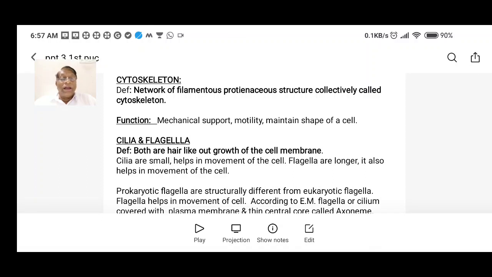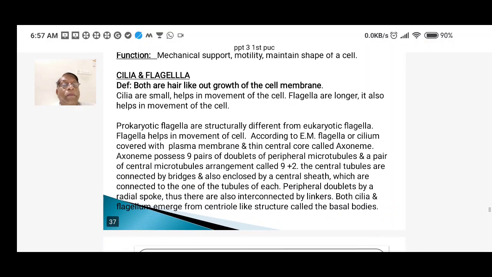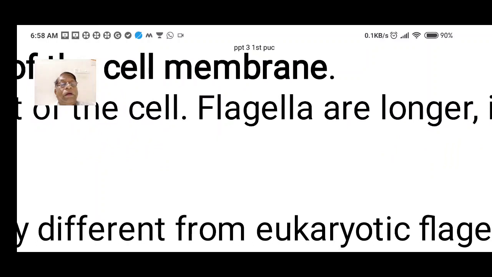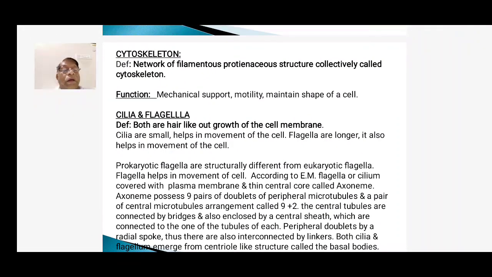According to the studies made by electron microscope, flagella or cilium are covered with plasma membrane, and have a thin central core called axoneme.